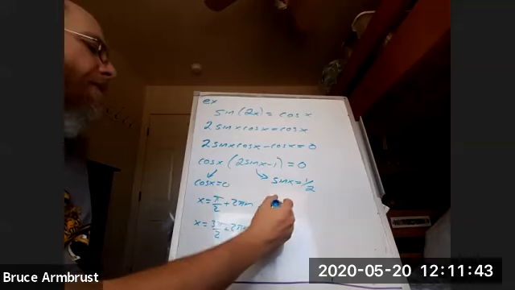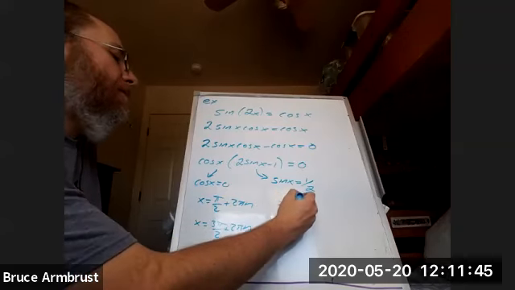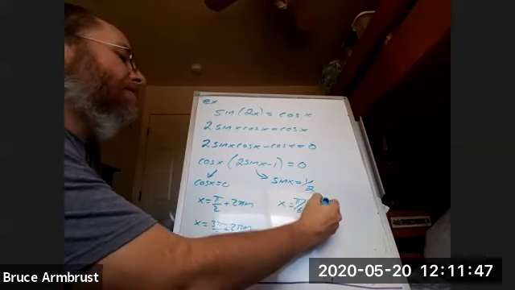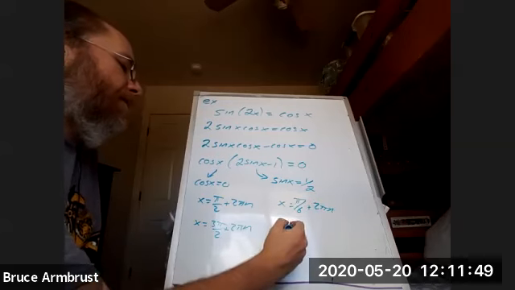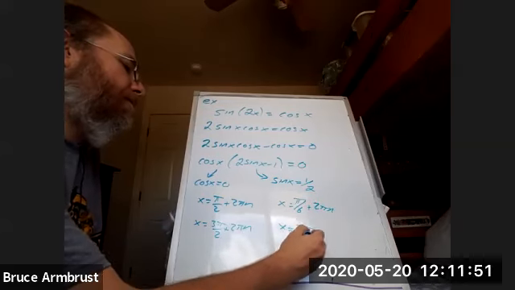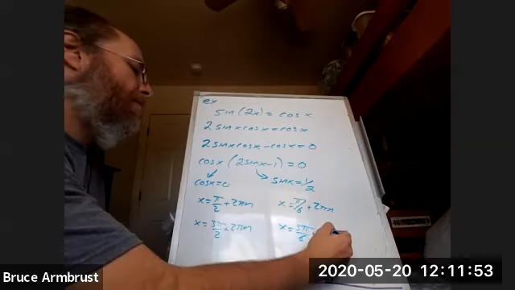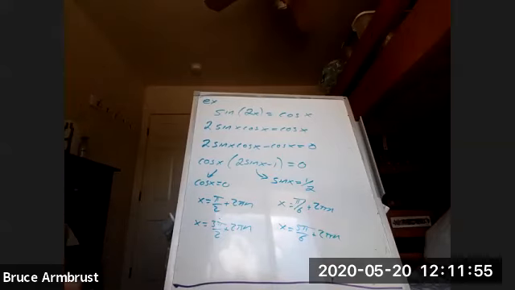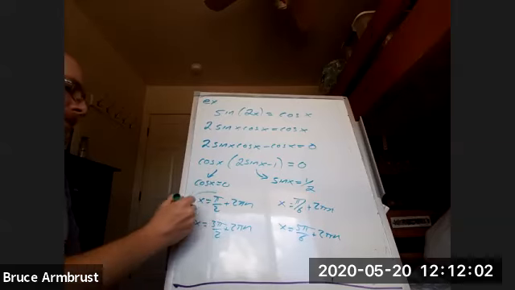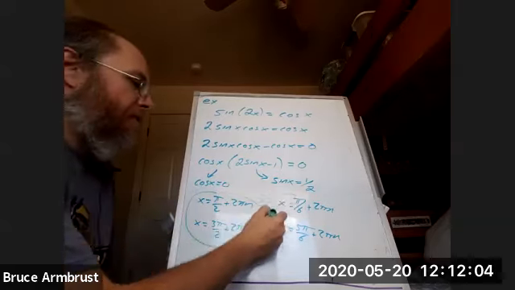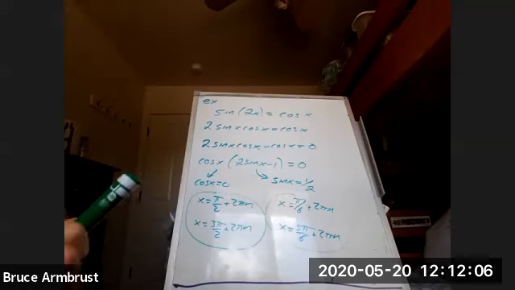There are 2 places where that occurs. It can happen at pi over 6, and then the other one is 5 pi over 6. So we'll go ahead and add our plus 2 pi n to both of those. And there you go. We've got all of our solutions to this original equation.